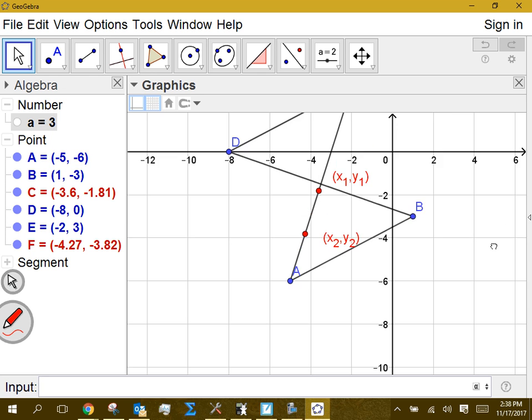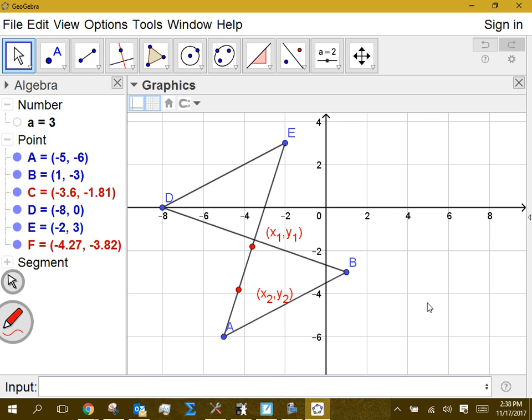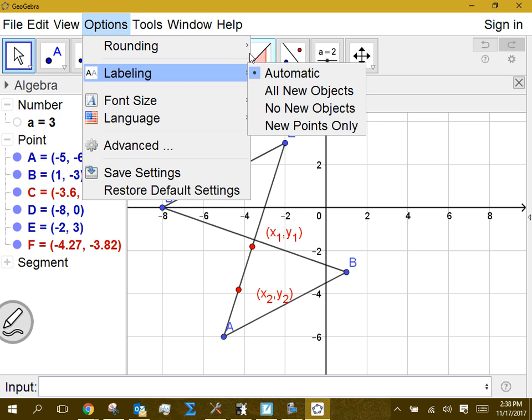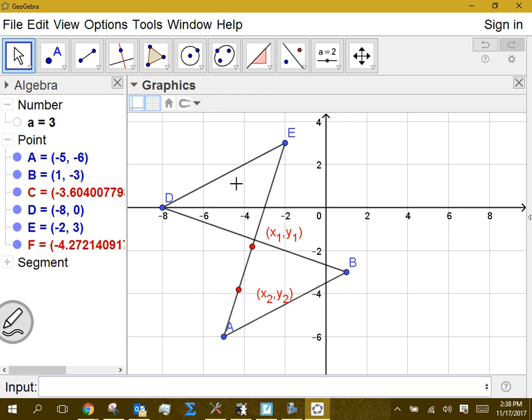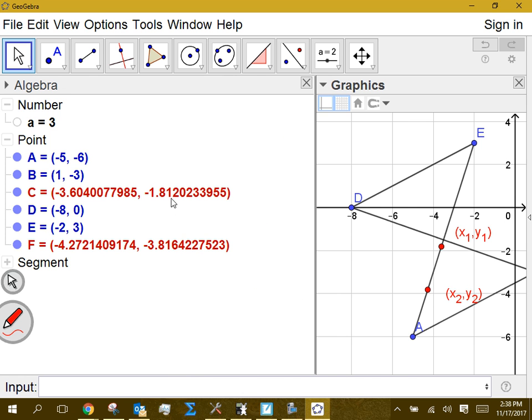Now, to prove to you that it does not matter which 2 points you choose for the slope, pay attention to what happens to that 3 as I move these points around. Because right now, it's really not taking the numbers that we see, it's taking the infinite number of decimal places, because these really aren't cute numbers, are they?